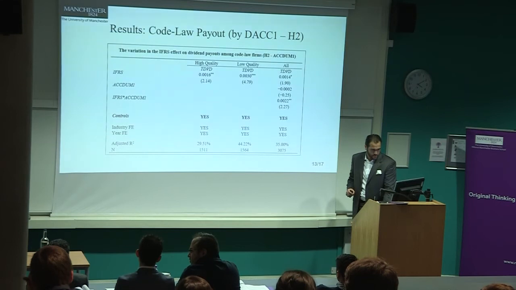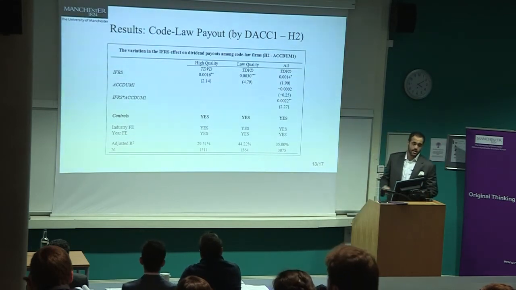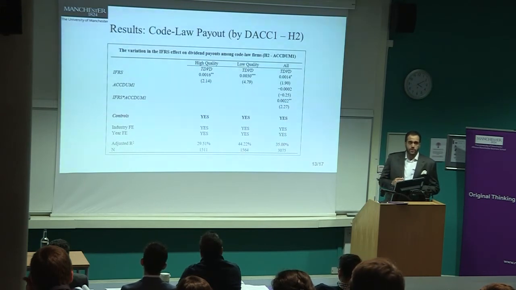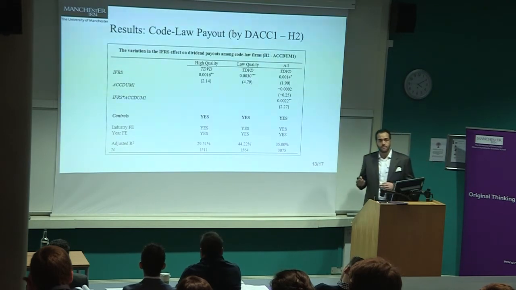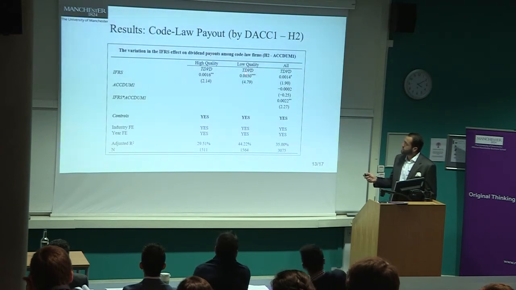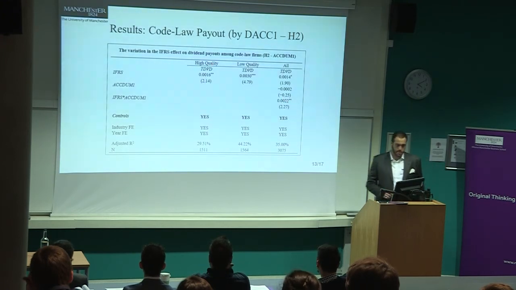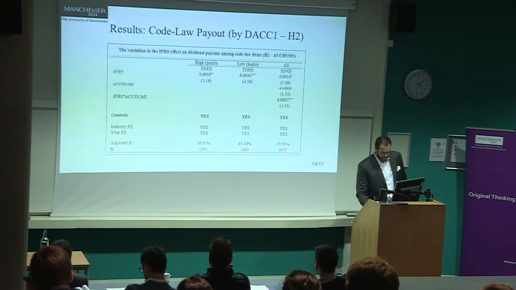So we have 3 criteria, and all of them are consistent, showing that low accounting quality firms prior to IFRS adoption benefited more from this adoption post-2005. And as you can see, there is an effect for both, but the effect of IFRS is almost double for low quality compared to high quality French firms, with a significant difference estimate.